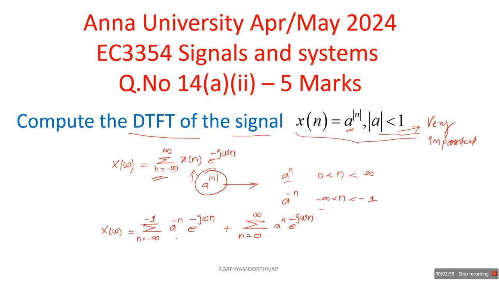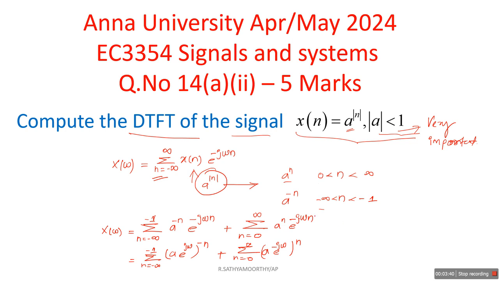What is that simple formula? Let's say this is the summation n equal minus infinity to minus 1. I am taking a power as common, that is a e power j omega whole power minus n, plus the summation n equals 0 to infinity a e power minus j omega whole power n.